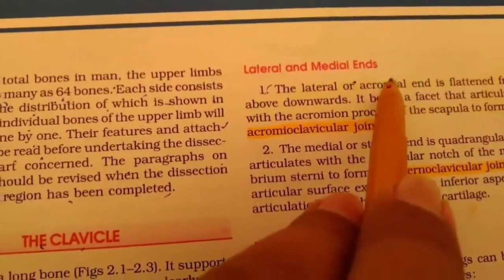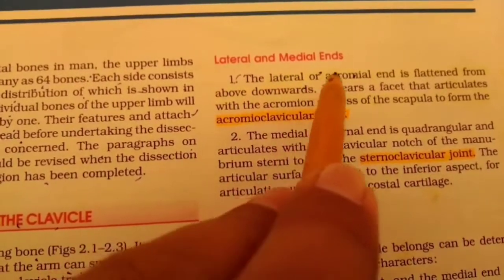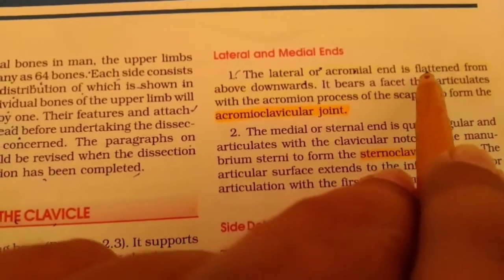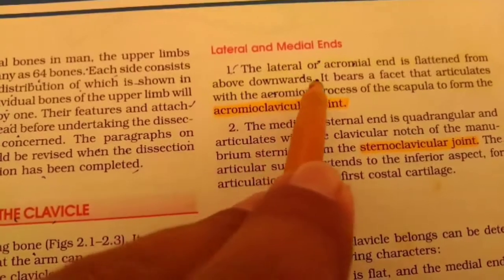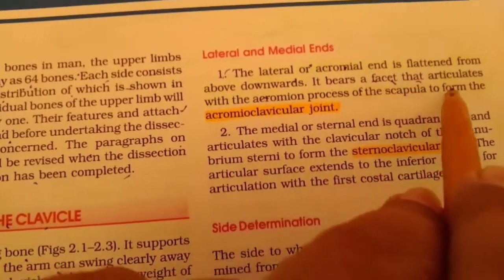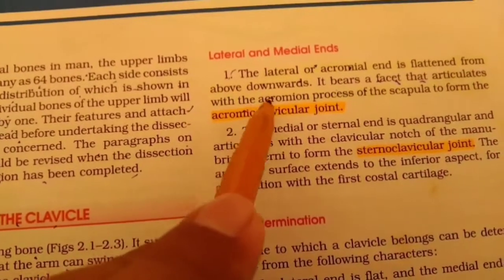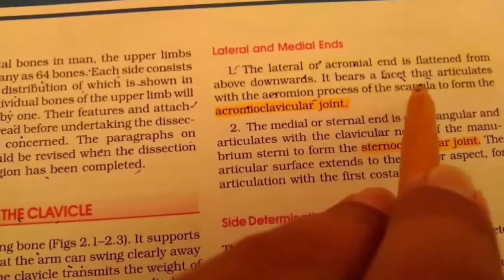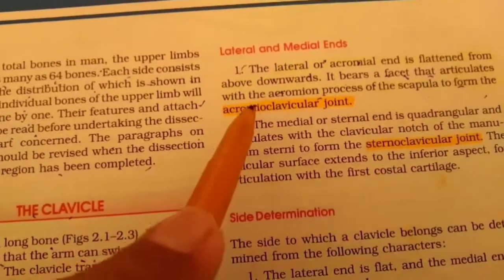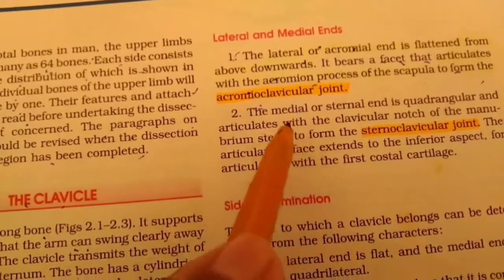Lateral and medial ends. The lateral or acromial end is flattened from above downward. It carries an oval facet that articulates with the acromion process of the scapula to form the acromioclavicular joint.